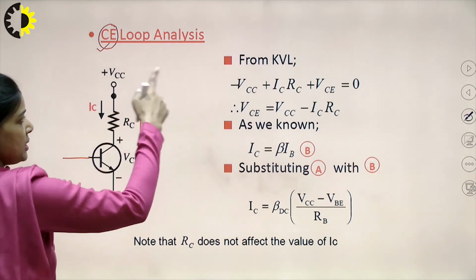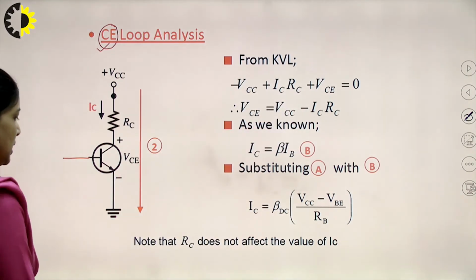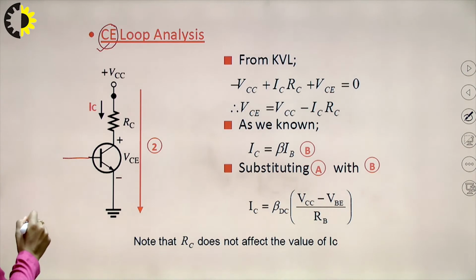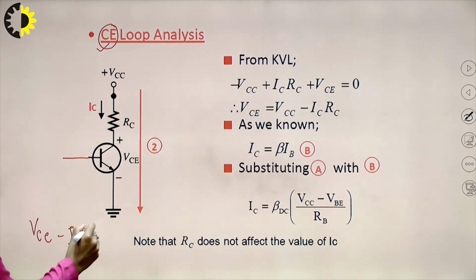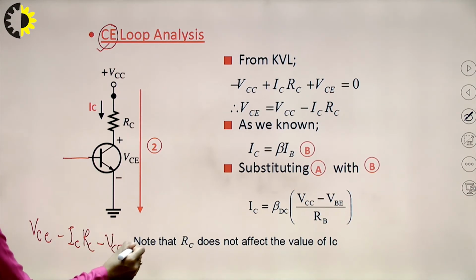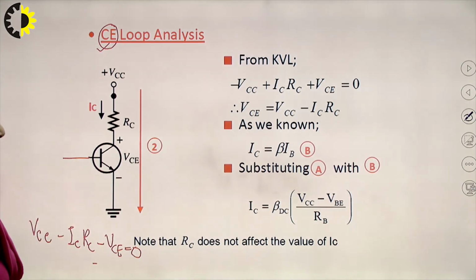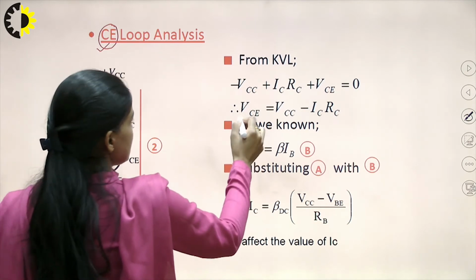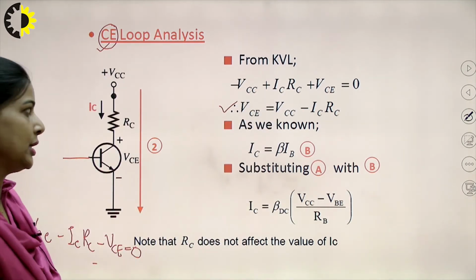So, minus VCC plus ICRC plus VCE, or you can write VCC minus ICRC minus VCE is equal to 0. This is the same equation with the change in signs. Simplifying it, we get VCE as VCC minus ICRC.